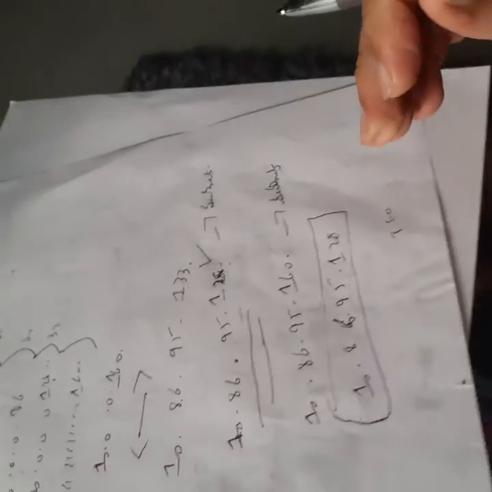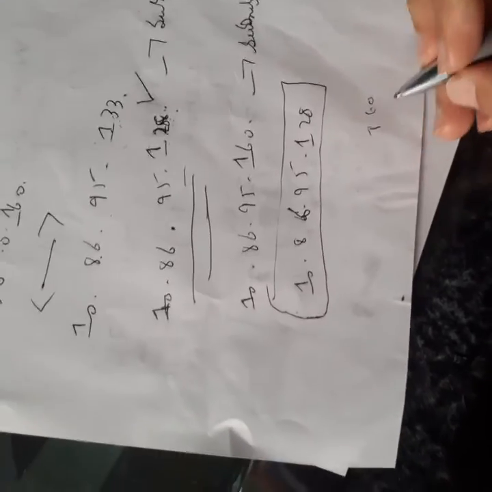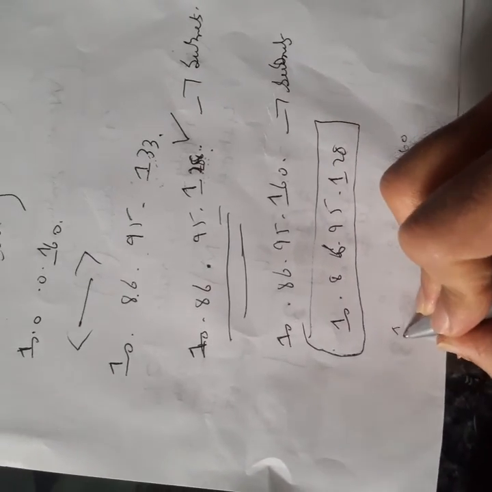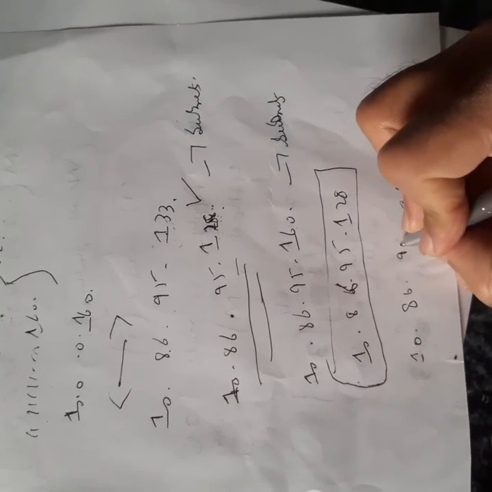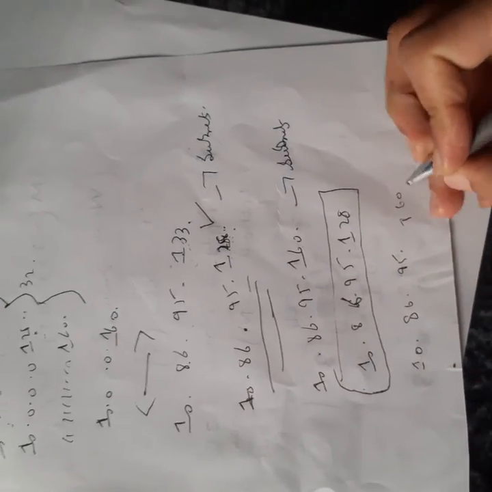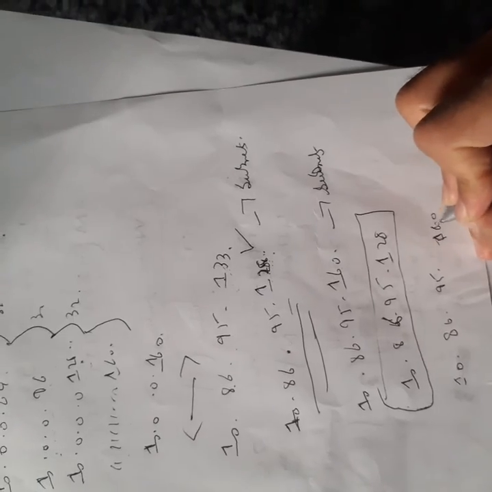Fine. So let me just move my camera up a bit. So I'm going to do 10.86.95. If you're getting bored, don't worry. You'll be all right next time when you do it.